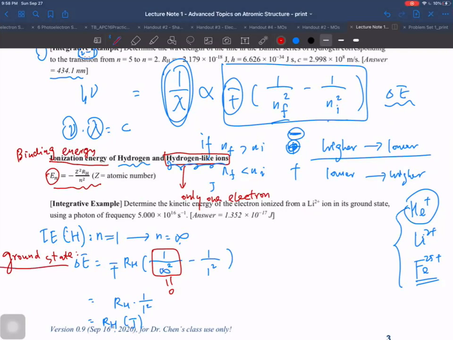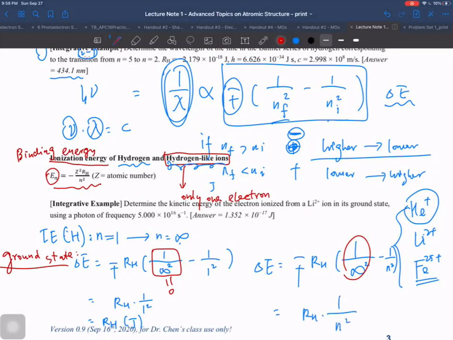If it's not ground state, let's say it's the nth energy level, the equation changes into this. So delta E equals 1 minus RH times 1 over infinite minus 1 over n squared. That is the only difference, right? So this part is still 0. This is why finally you get RH times 1 over n squared.